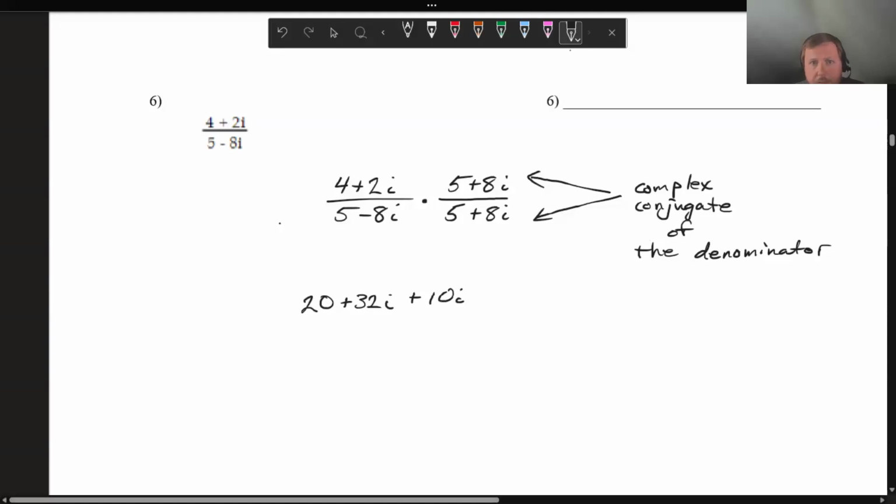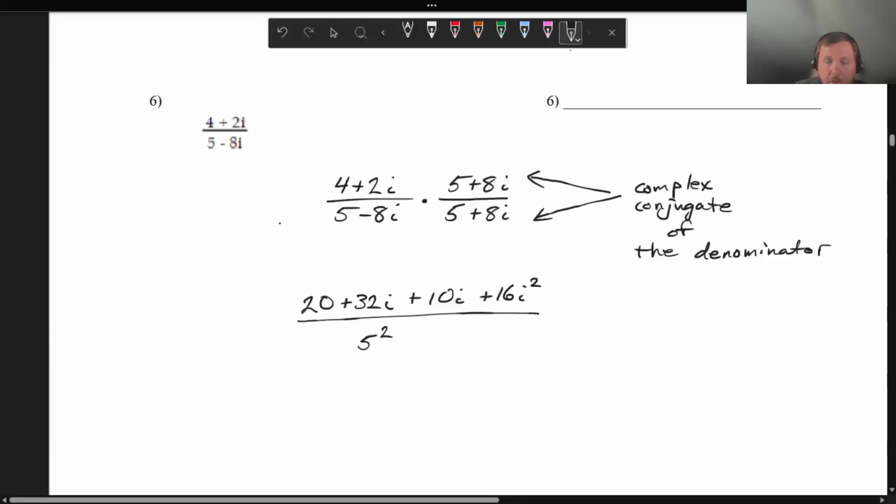And then 2i times 8i gives me 16i squared. And then on the bottom, there's a shortcut. If I have a complex number times its complex conjugate, it's going to be a real number, and it's just going to be the sum of the squares of the components.